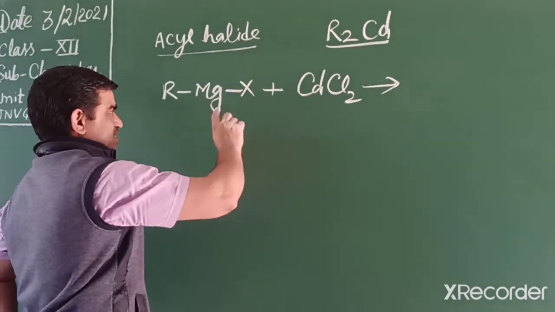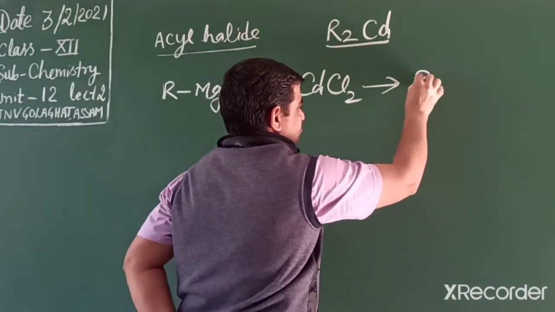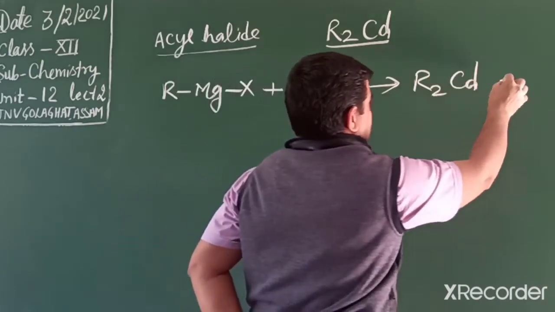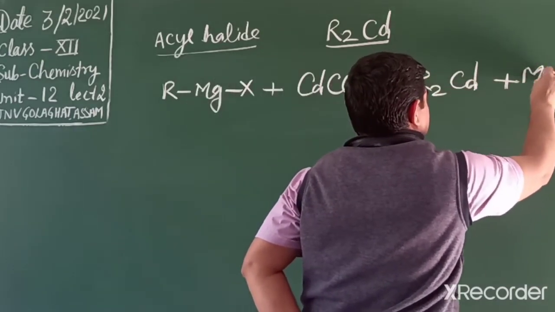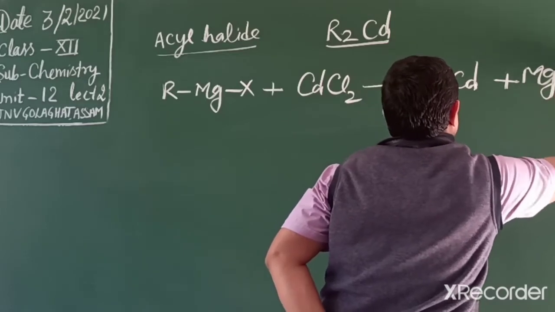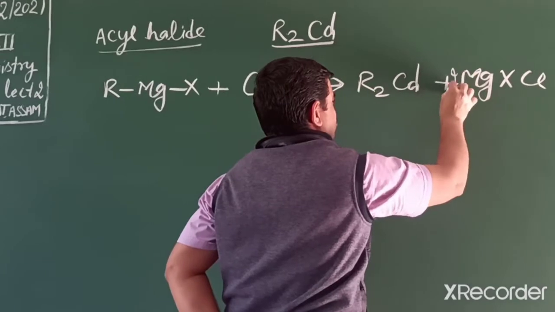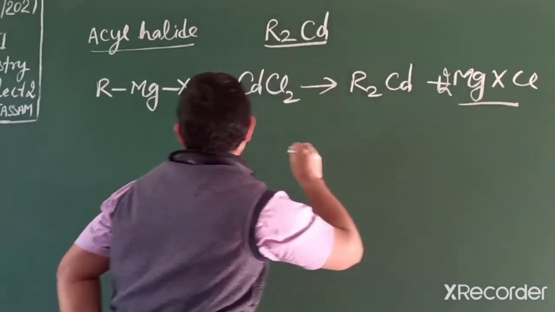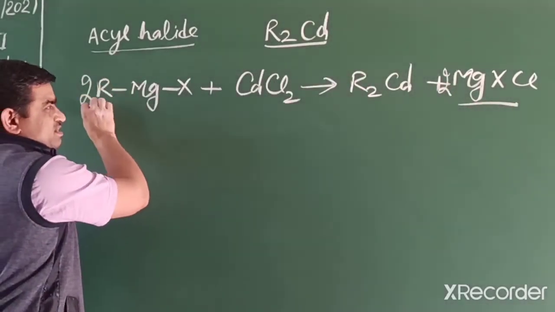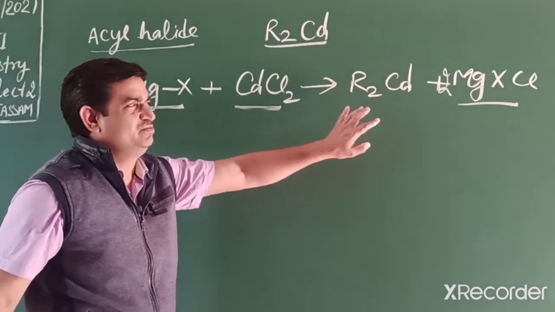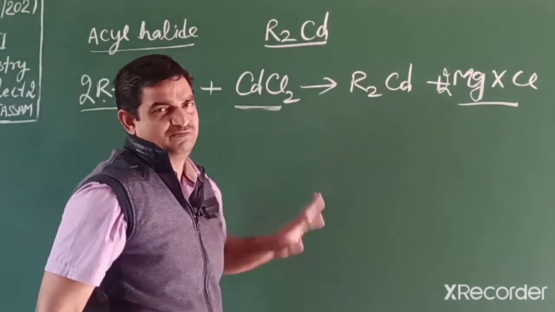So this reaction converts into R2Cd, and we get MgXCl. 2 moles we can prepare. Means when Grignard reagent reacts with cadmium chloride, it converts to dialkyl cadmium, an organometallic compound.